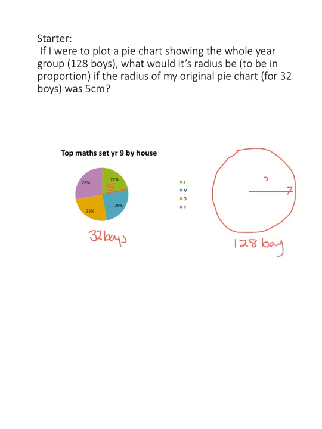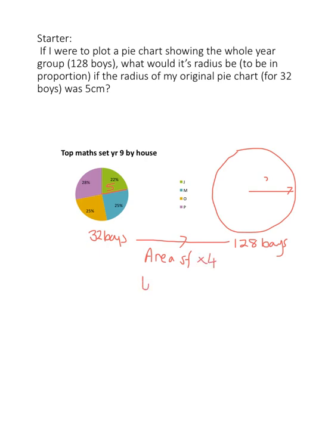Now, you've got to remember the area of the pie chart is representative of 32 boys, and the area of this pie chart represents 128 boys. So I can see from here that my area scale factor is going to be multiplied by 4.